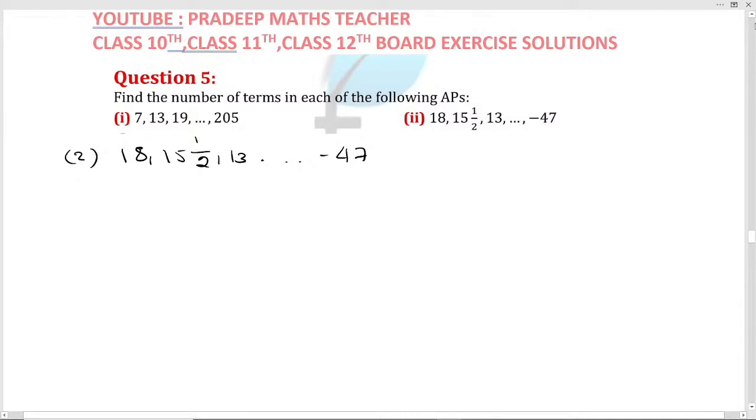So 18, 15 1 by 2 is 15 twos are 30 plus 1 is 31 by 2, 13, minus 47. Now as usual call these a1, a2, a3 and so on, and the last one is an.